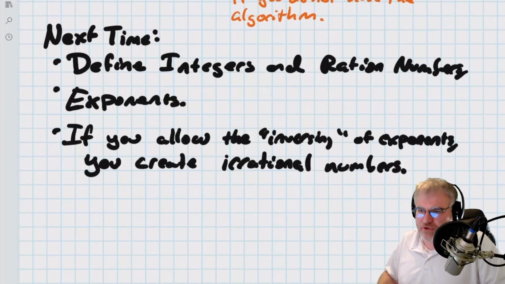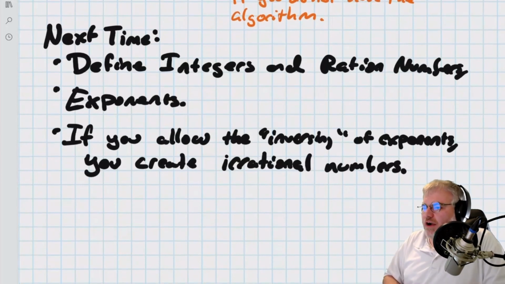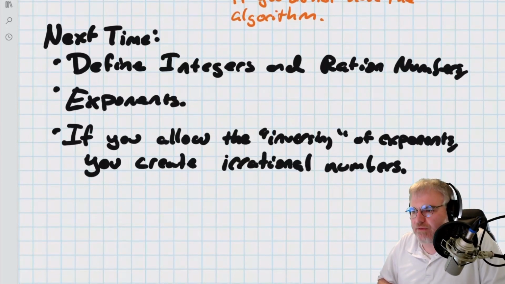Show that you wind up creating irrational numbers. Okay. Are there any questions? I know I'm way over time.